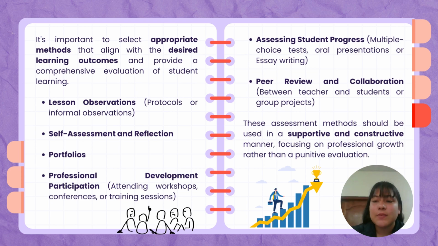In self-assessment and reflections, the aim is to encourage students to reflect on their learning progress and provide self-evaluations. Portfolios. At university, we use portfolios. It is to assess students' progress by collecting and compiling their activities or work in class.